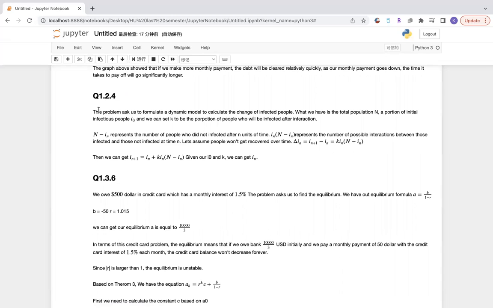The second one is pretty straightforward. It is like the third example in the book, I guess. This one asks us to calculate a dynamic model to find the change of infected people.